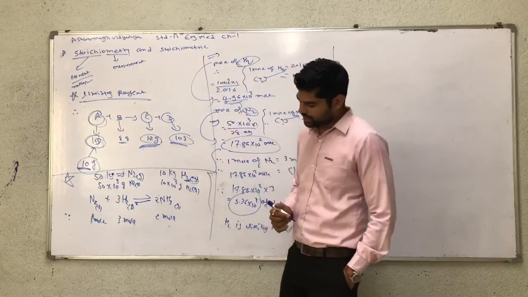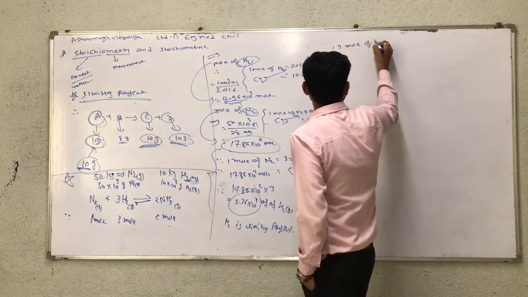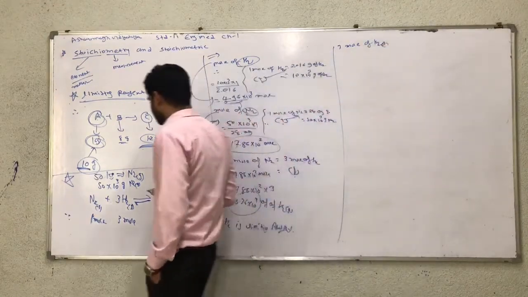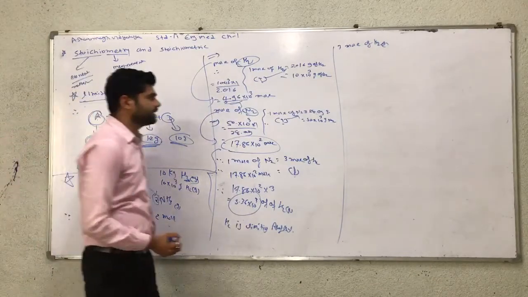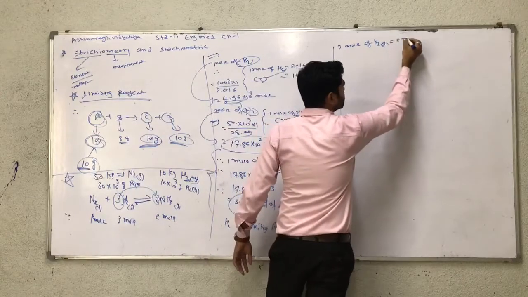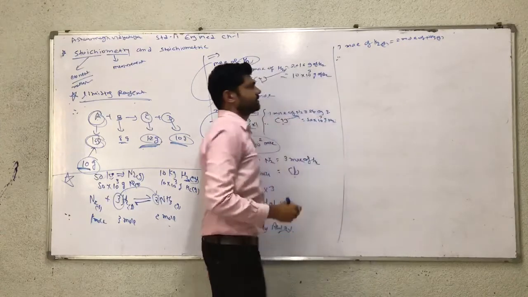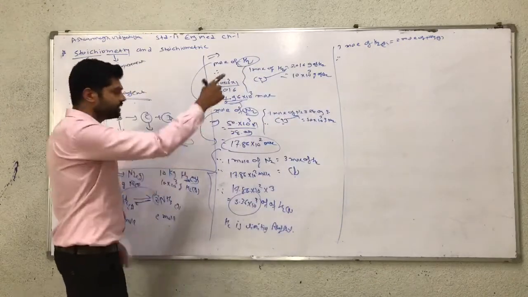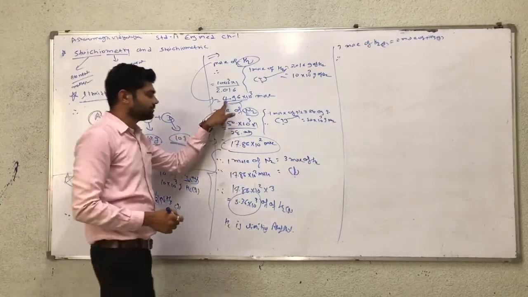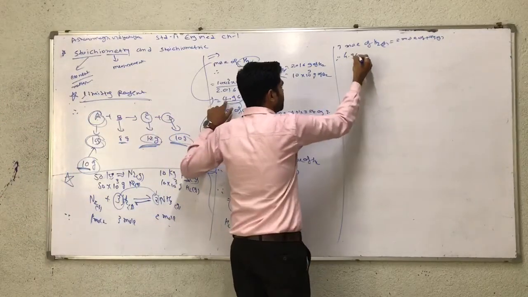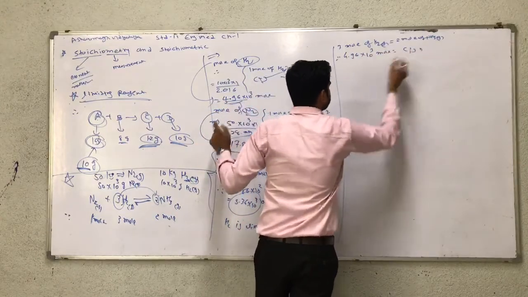So 3 moles of H2 gas gives 2 moles of NH3 gas. You have to find, from only 4.96 into 10 raised to 3 moles, how much NH3 you get.